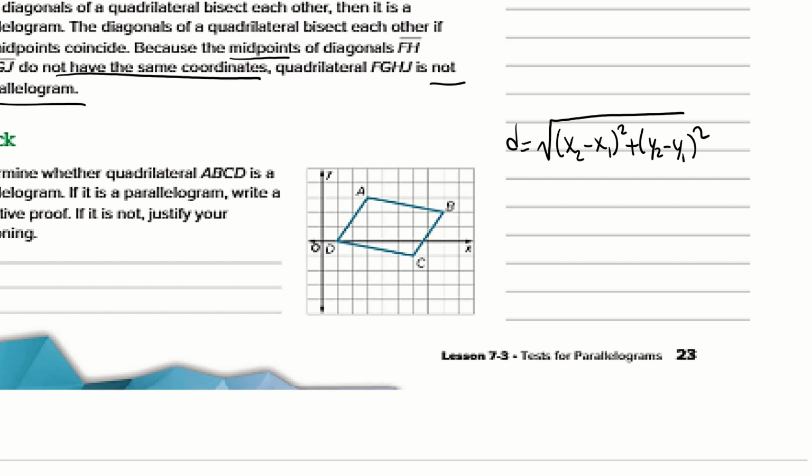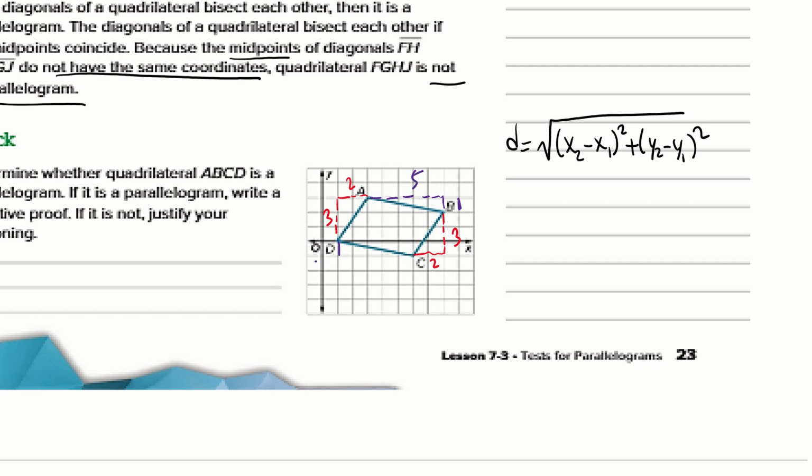The easy way is we can just count. How much up and over? It goes up 1, 2, 3 and over 2. And this one goes down 3 and over 2. And then notice that this here goes down 1 and over 1, 2, 3, 4, 5.